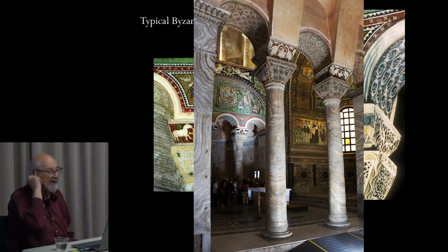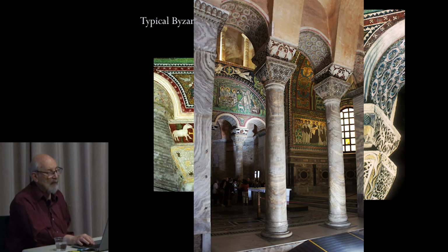Again, the capitals are different from the Greek and Roman capitals. Again, the stone carver was able to make a unique design, and sometimes they even differ between different ones in the same churches.